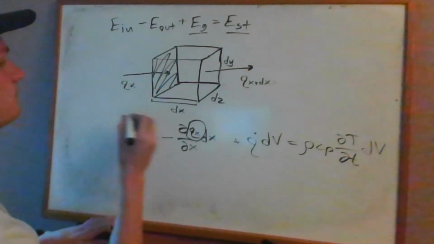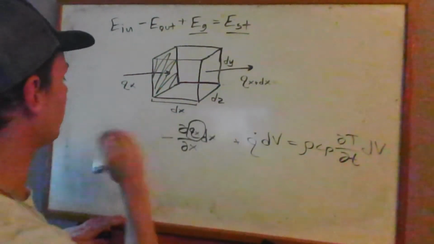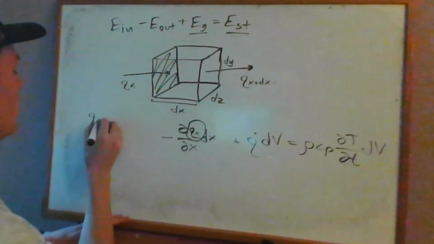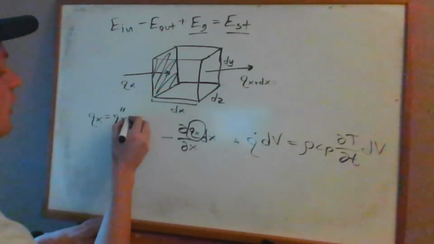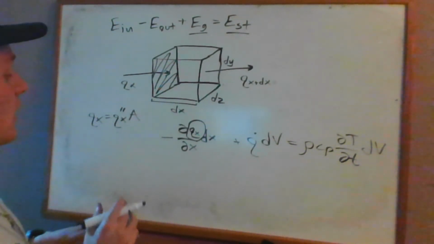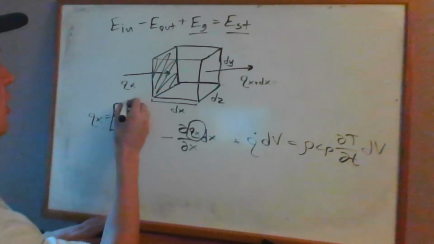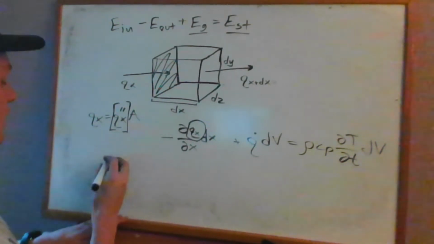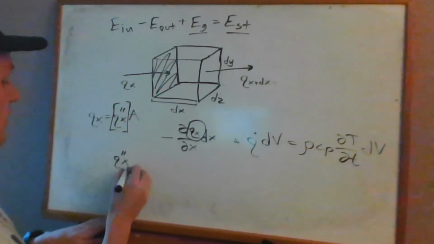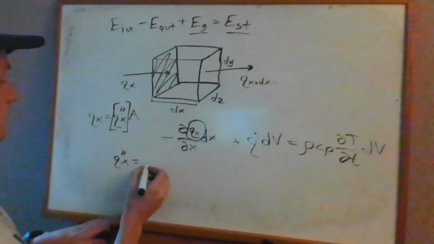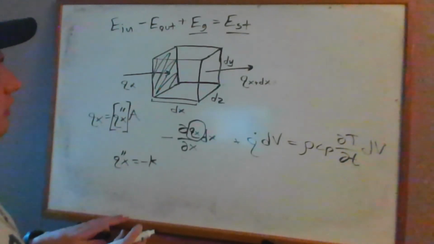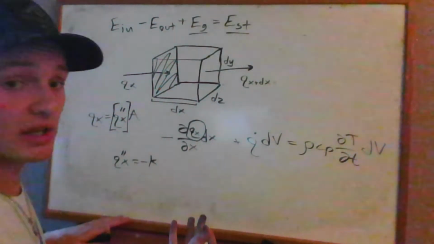So when we're talking about Fourier's law, or when we're talking about heat flow in the x direction, this would be the heat flux, so per unit area, multiplied by the area. And Fourier's law has an expression for the heat flux in the x direction. This will account for the thermal conductivity of the material.